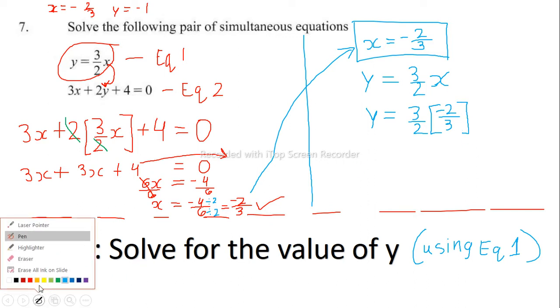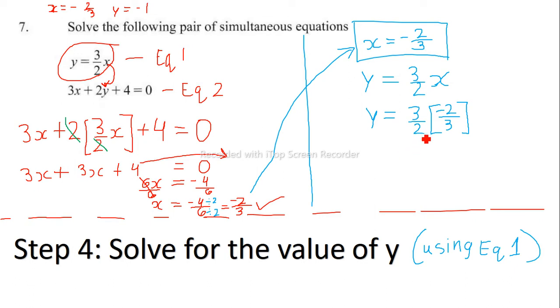And so we cancel out the 2 and the 2, and then the 3 and the 3. So we are left with y is equal to what? 2 goes into itself once, 3 goes into itself once. So 1 times negative 1.